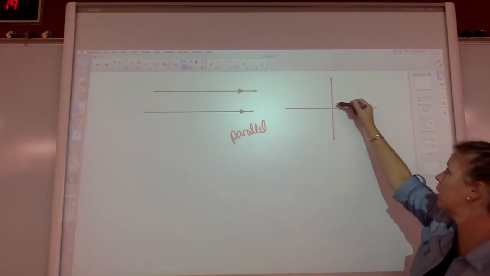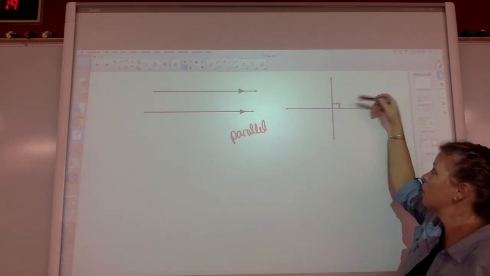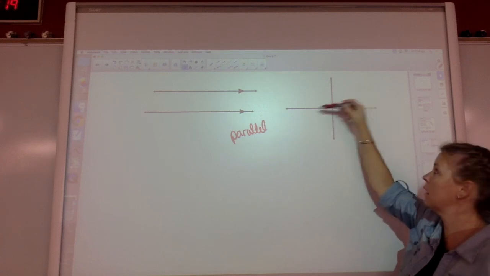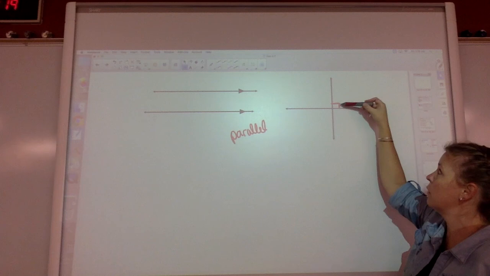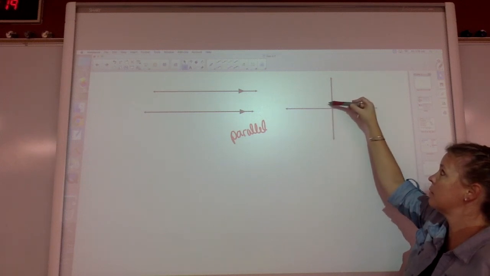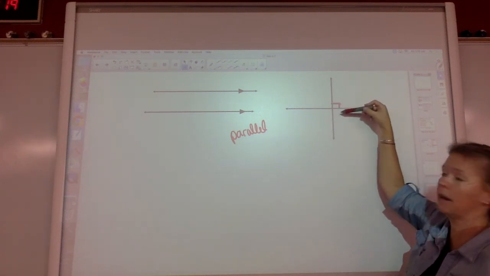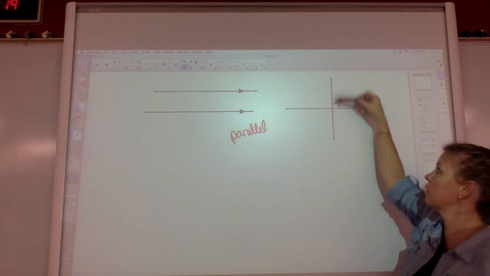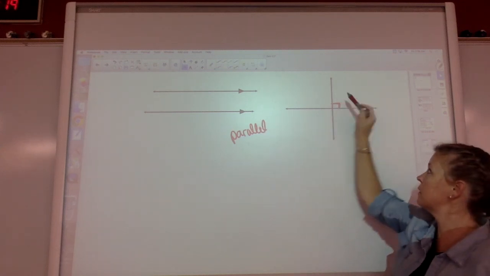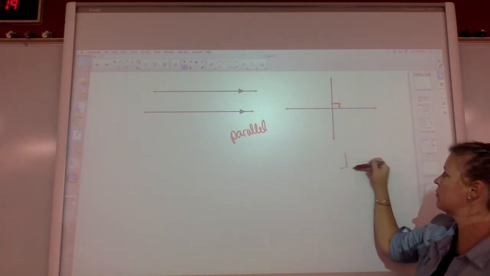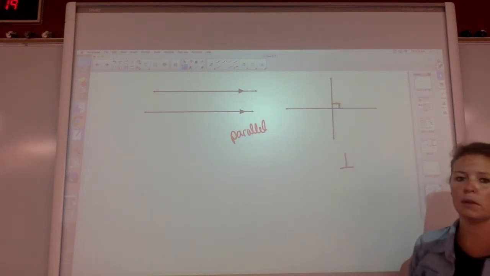And perpendicular, all you need is a right angle symbol. One right angle symbol is sufficient because we already know linear pairs are supplementary and 180 degrees. If we know that's 90, then this has to be 90, then that has to be 90, then that has to be 90. It's the only way that it works, so that straight lines could add up to 180. So those are your parallel symbols. A perpendicular symbol is just a right angle symbol in the corner.